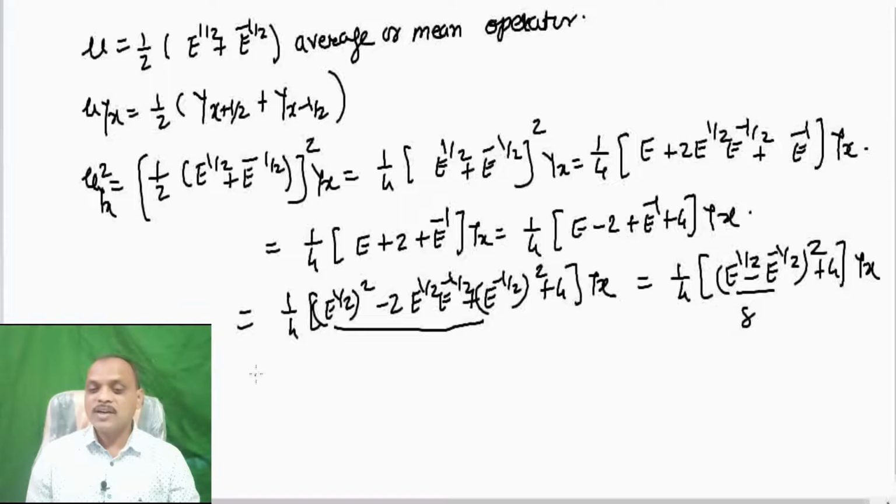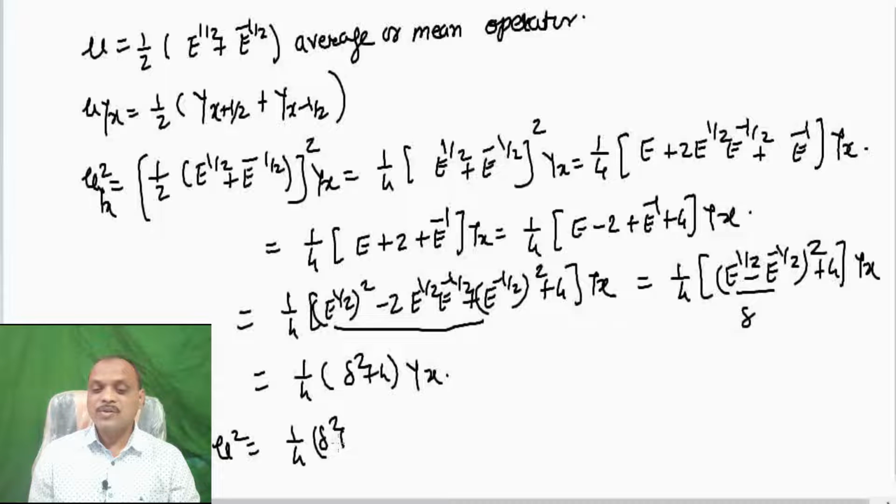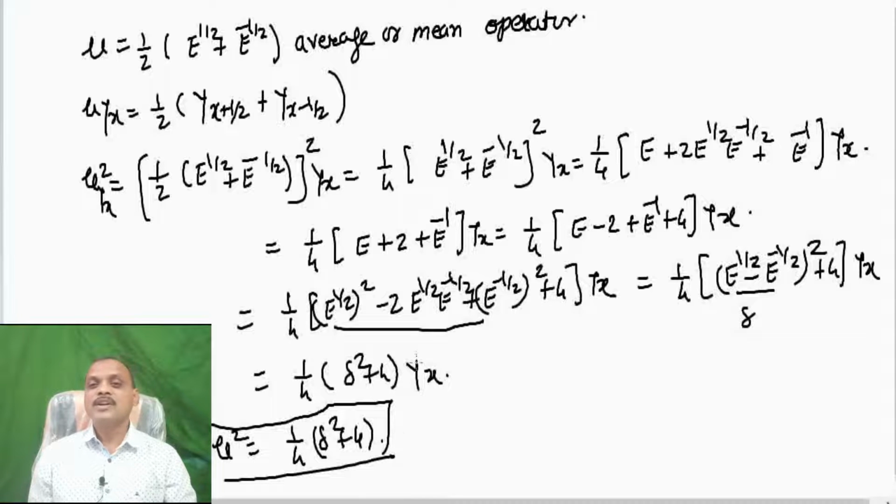This is nothing but del. So we get 1 by 4 into del square plus 4, into y x, and hence mu square equal to 1 by 4 into del square plus 4. So this is the relation between the mean or average operator and the first central differencing operator.